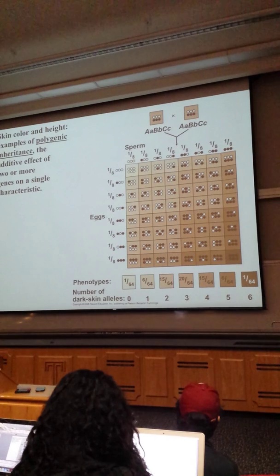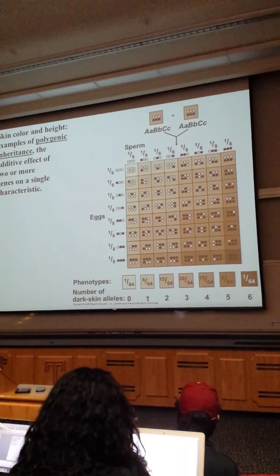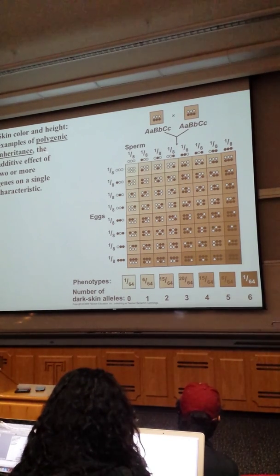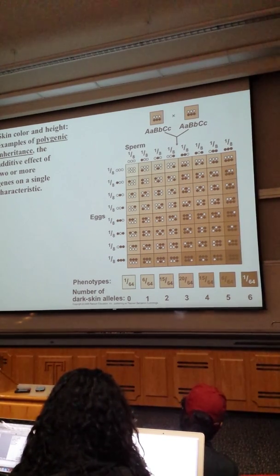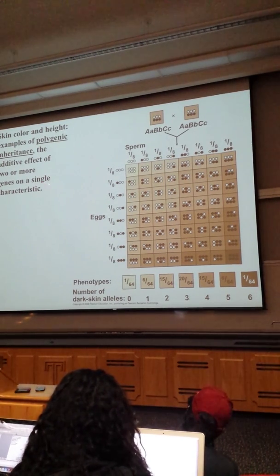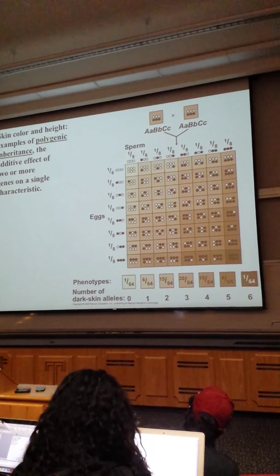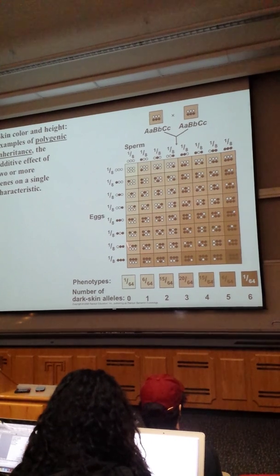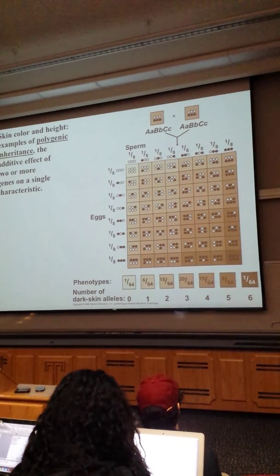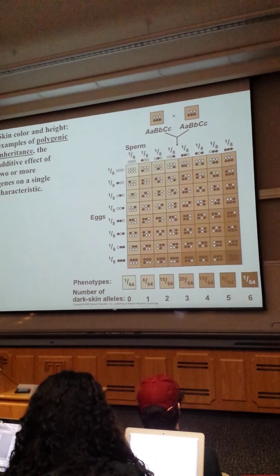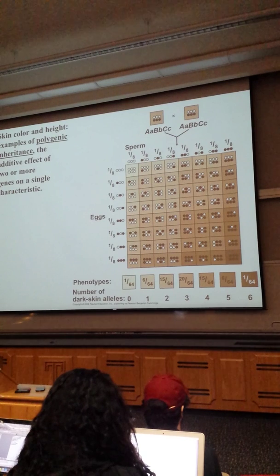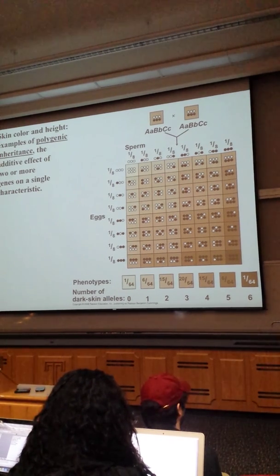All right, then we can have another form of complex genetic pattern called polygenic inheritance, where you have multiple genes that determine a single characteristic. In this case, they were looking at known genes involved in human skin color. We have numerous enzymes that function in a pathway to generate melanin, the pigment molecule in our skin.